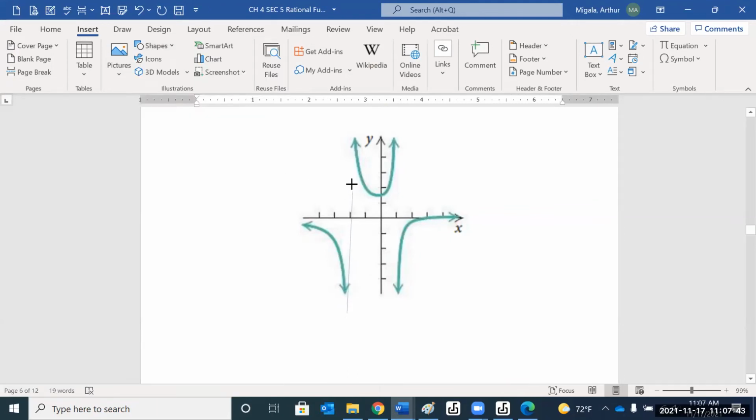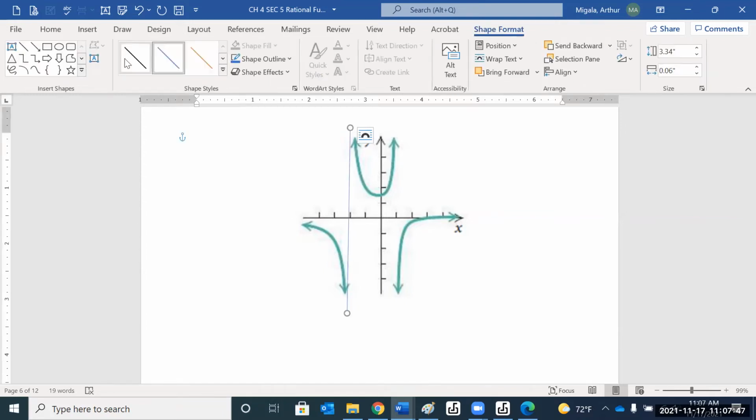At -2, we have a vertical asymptote, and at 1, we have an asymptote. The graph will not cross those lines. Our last asymptote was the horizontal one, and it's not going to cross this one either.